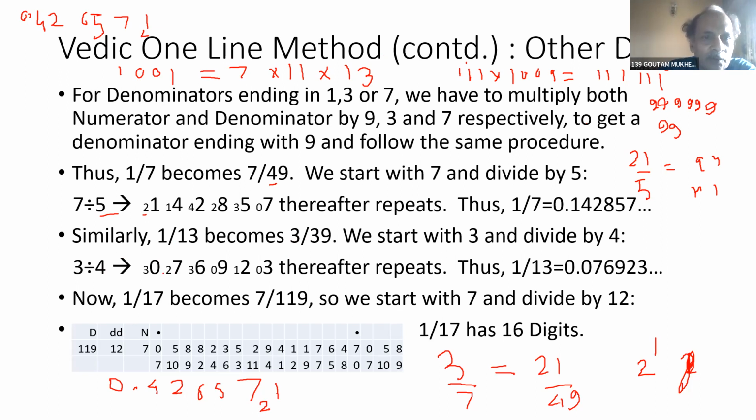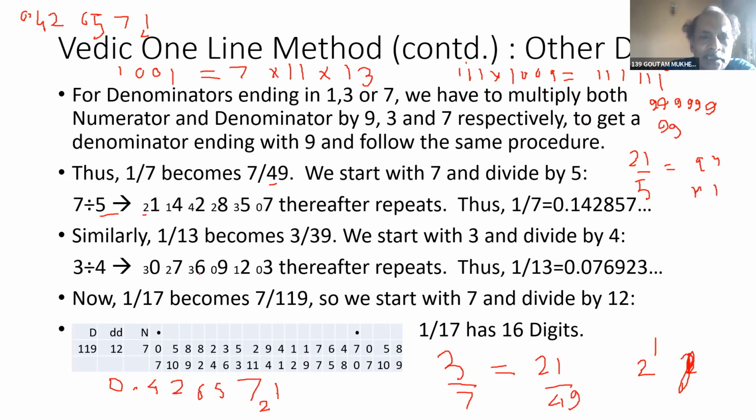So it comes: 0, 3 by 4 is 0 and carry 3, remainder 3. 30 divided by 4 becomes 7 and remainder 2. 27 divided by 4 becomes 6 and remainder 3.